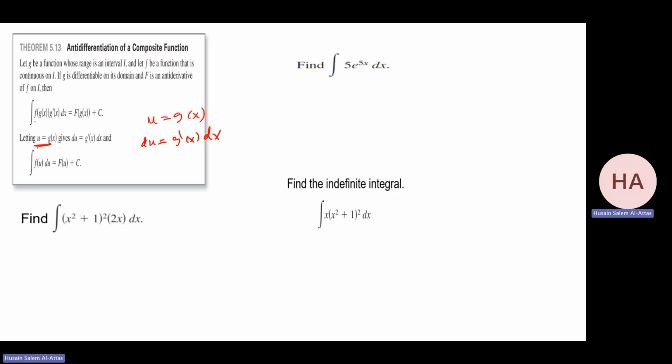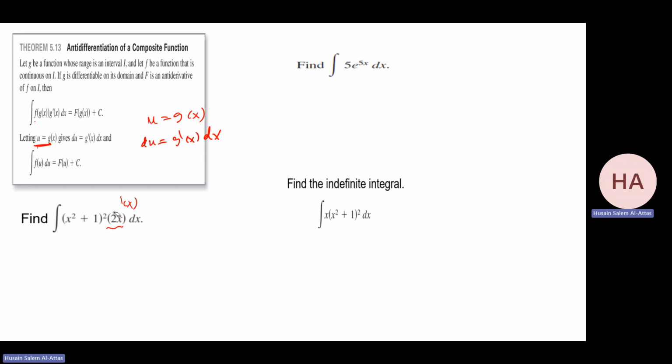I will try to do these simple functions easily in two ways. If you notice here, this is g prime of x, and this is f of g of x.